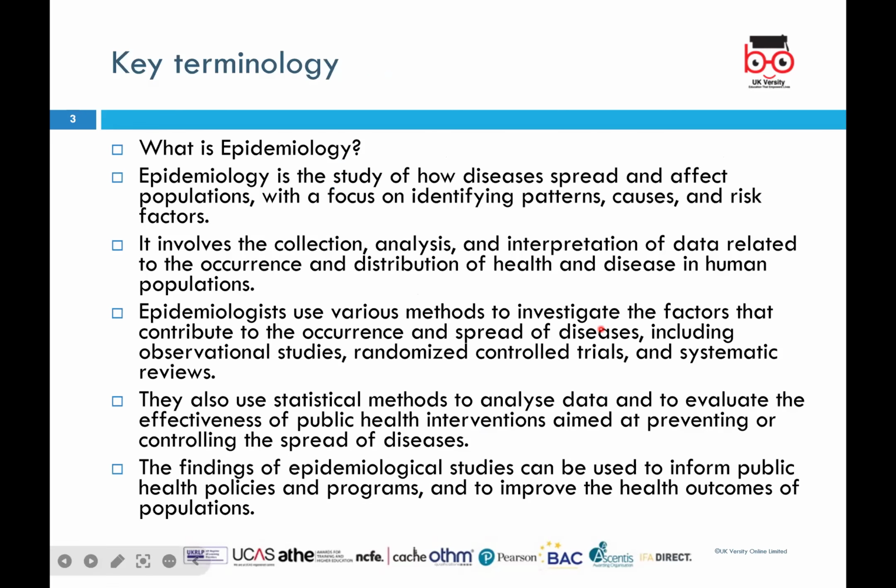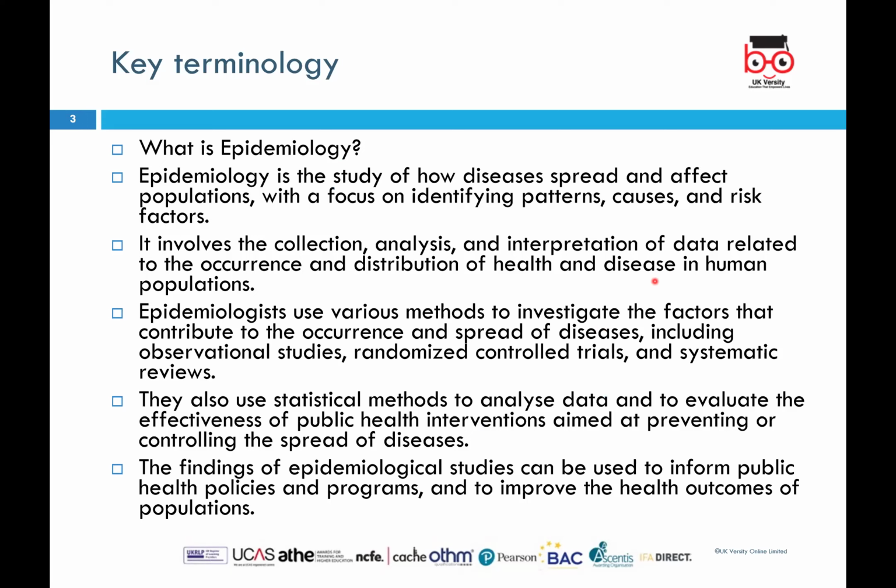Okay. So we talked about epidemiology a bit. So what is epidemiology? Epi means, it's again a study about how diseases spread. And if you remember, it comes from epidemics.